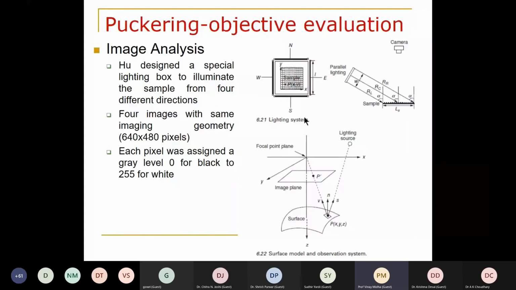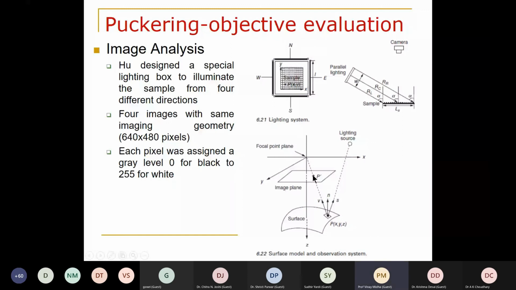Then another method, which has been invented at Hong Kong Polytechnic University, where the professor designed this method with a lighting box to illuminate the samples from 4 different directions. The light source goes like this, and from here you can see this is the light source, and the layering is taking place. The image is taken on this surface.